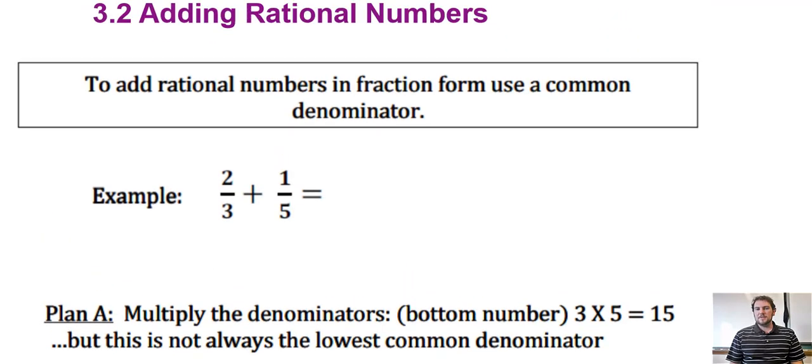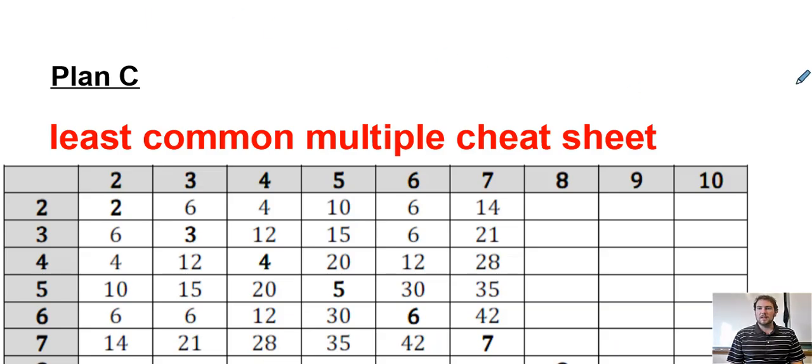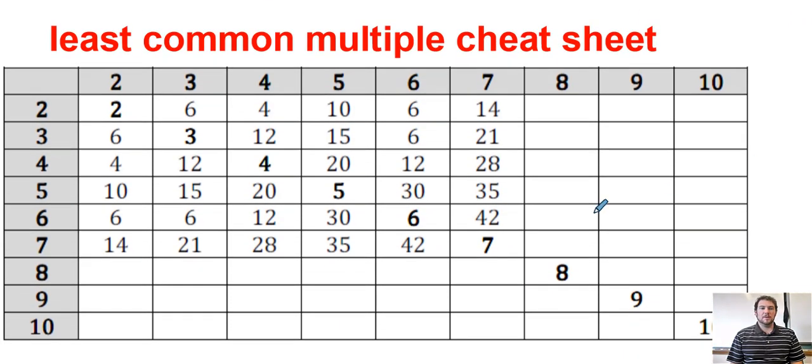The other strategy, one that takes a bit more memorization, is to have a least common multiple cheat sheet. If you made yourself a little table like this, where each of these boxes is a least common multiple: the least common multiple of 2 and 2 is 2, the least common multiple of 2 and 3 is 6. The least common multiple of 2 and 4 you might think would be 8, but it's actually 4. So it doesn't always work to just multiply the numbers to find the common denominator.